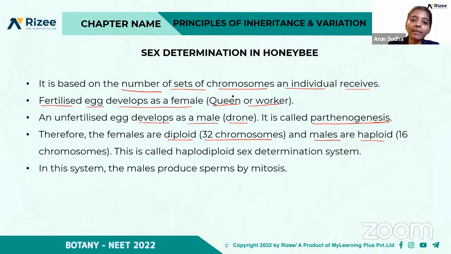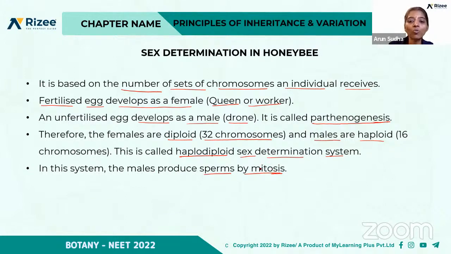Okay, so here they differ in the number of sets of chromosomes. This is called the haplodiploid sex determination system, which is another type of sex determination system and is found in honeybees. Okay. So in this, the male produces sperms by mitosis.